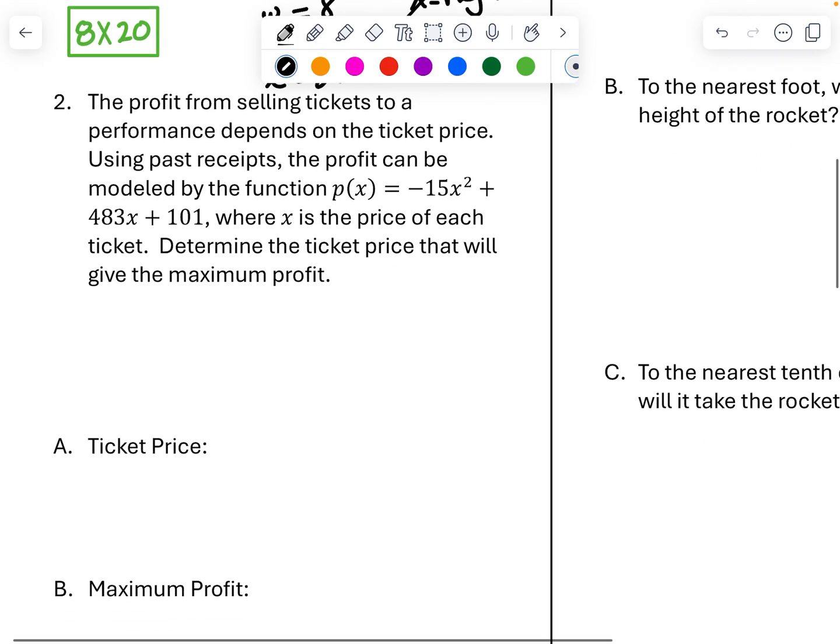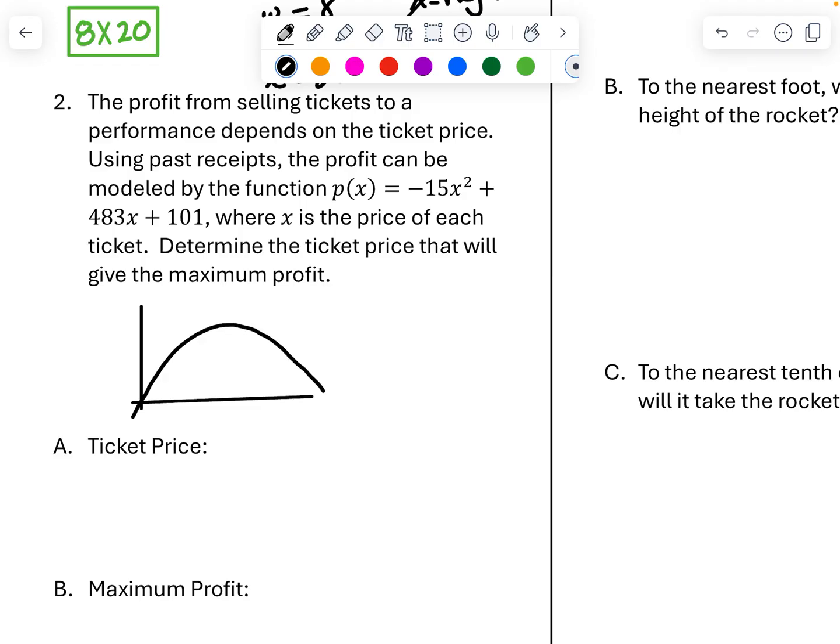They give us a function, so let's give ourselves a picture. All right, it's important to know that this is the maximum. It says the profit from selling tickets to a performance depends on the ticket price.